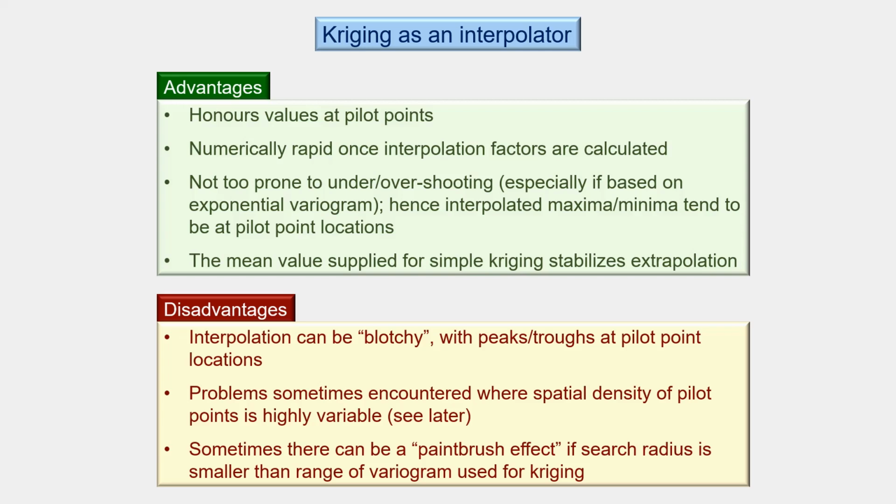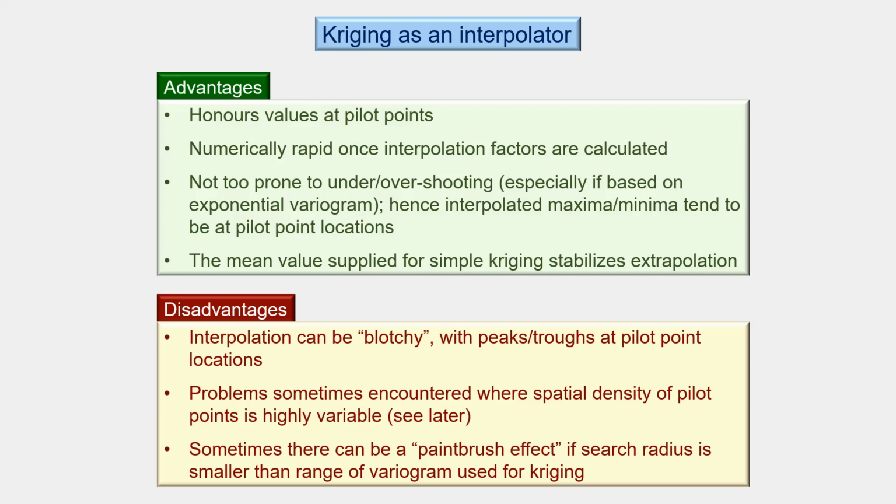Interpolated parameter fields can sometimes appear a little bit blotchy with bullseyes at the pilot points. Sometimes there can be problems with differential spatial densities of pilot points, though with functionality supplied with PL-Proc, this can mostly be eliminated. If you're not careful, there can sometimes be a paintbrush effect, artificial discontinuities in an interpolated parameter field.